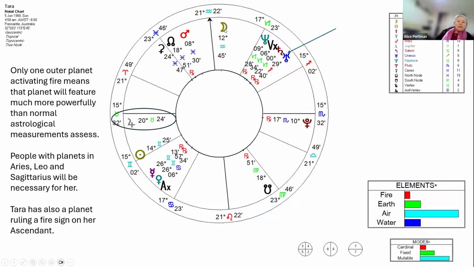So she's not lacking in access to fire energy, but the planets that are activating, the ones that I've mentioned, are increased in importance a very great deal. So she's always going to find a resonance with people with planets in late Sagittarius, people with planets around Aquarius, that 12 degrees or so, and that 20 or so Taurus with the Jupiter. They're going to have a particularly important resonance for Tara.